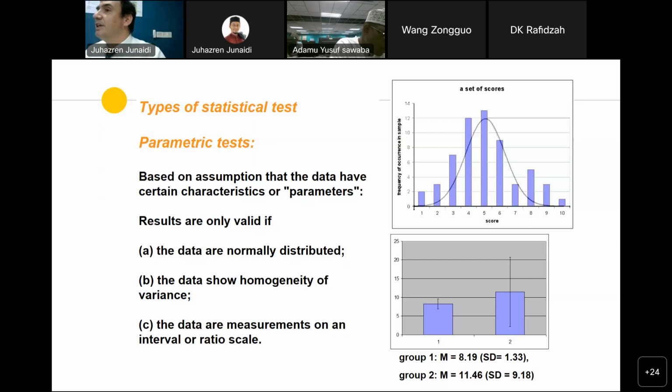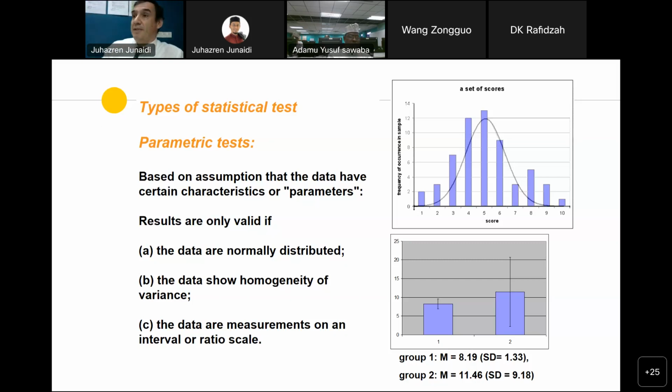Statistics is the measure of a value of the sample, okay? So if we are talking about the sample, we are talking about the statistics. If we are talking about the population, we are talking about the parameter.